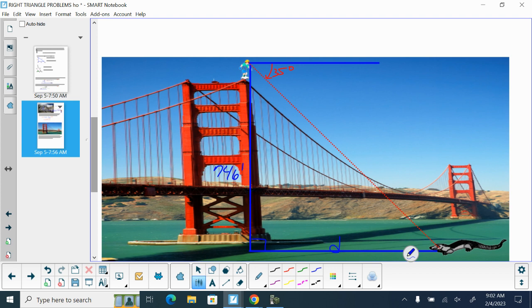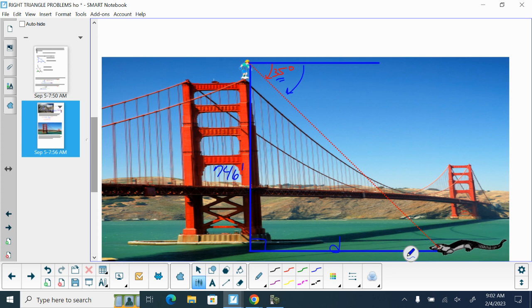But the angle of depression is not in the triangle. This angle of depression is 35 degrees, and it's outside the triangle here. So we need to get that angle within the triangle somehow.